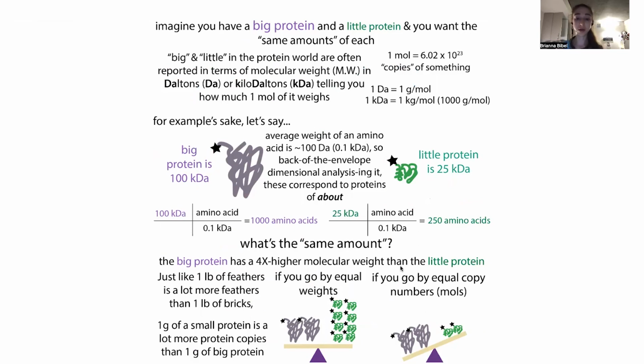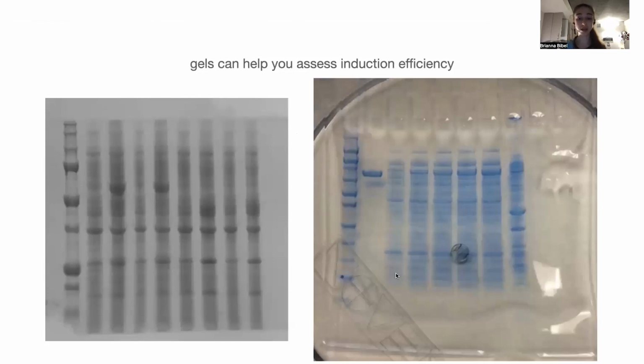There's much more on this in other posts, but you will need to take this into account when considering how strong the bands are going to be. If you have a smaller protein and a bigger protein at the same concentration, and you add the same number of moles, so the same number of copies of that protein, the smaller one is going to show a fainter signal than the bigger one.